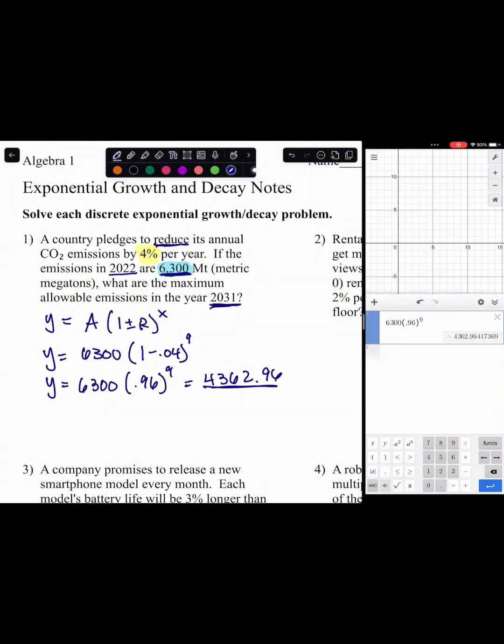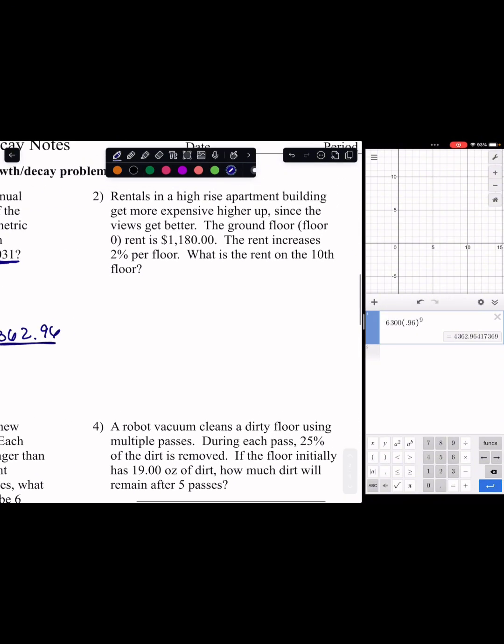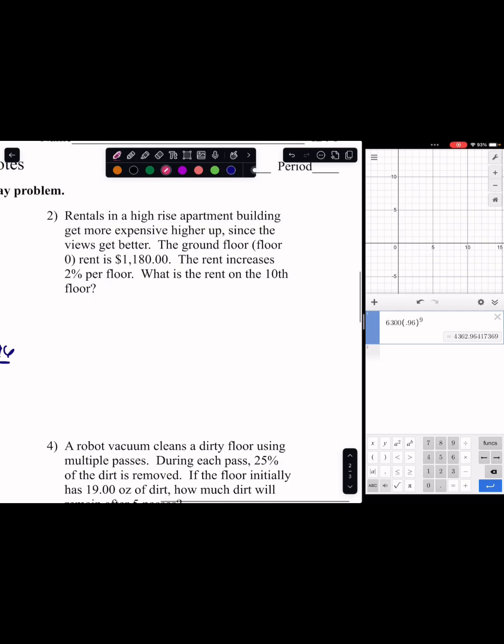All right, makes sense? Hopefully that does. We're going to keep moving. We've got a total of 6 of these. All right, let's look at some of the keywords. Rentals in a high-rise apartment building get more expensive the higher up. More expensive the higher up. That means that's going to be an increase. So this is going to be a growth.